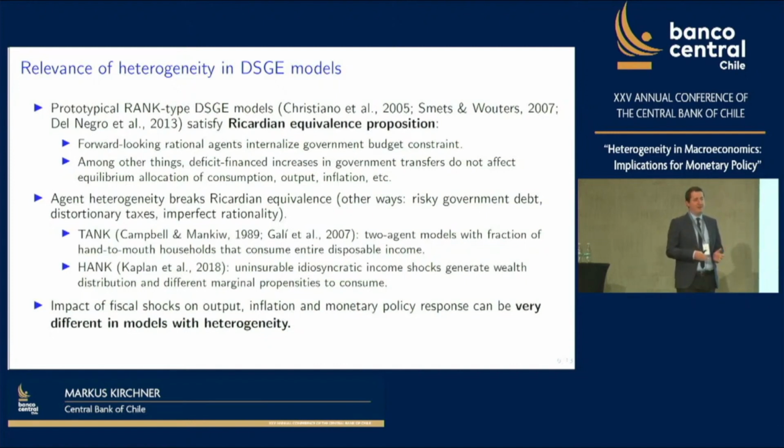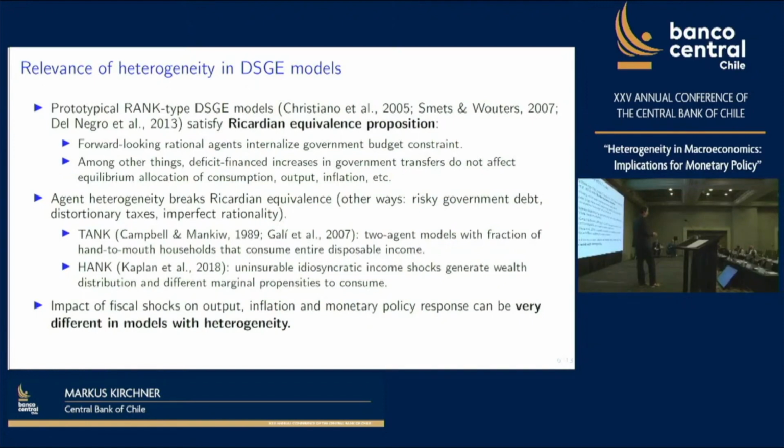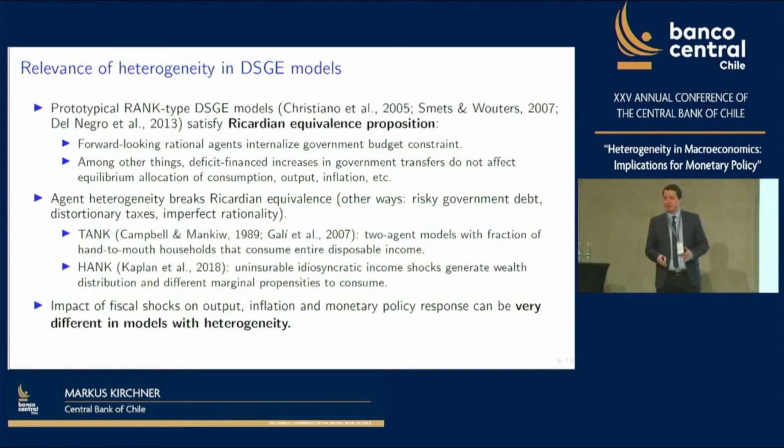Among other things, a deficit-financed increase in government transfers doesn't affect the equilibrium allocation of consumption, output, inflation, and other variables. Of course, it affects private savings, because forward-looking households know that in the future they have to pay the taxes, so they don't change their consumption and basically save the transfers that they receive in order to smooth consumption over time.